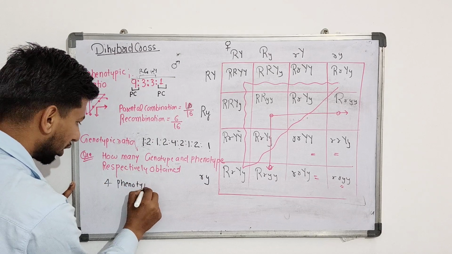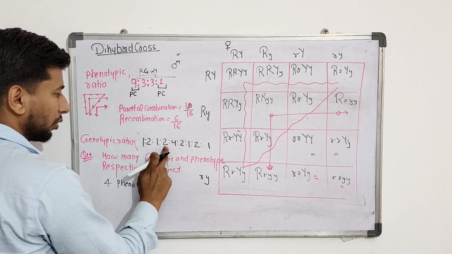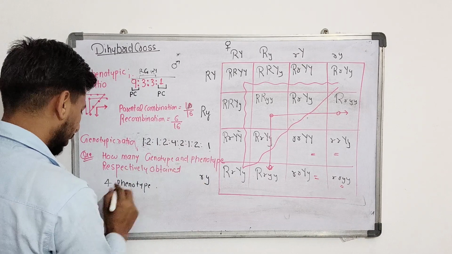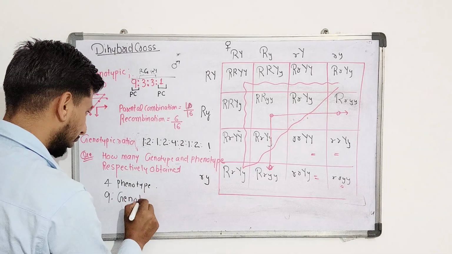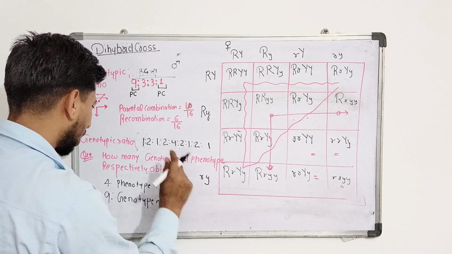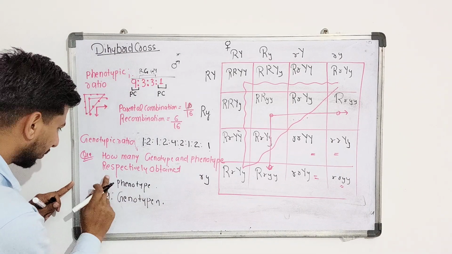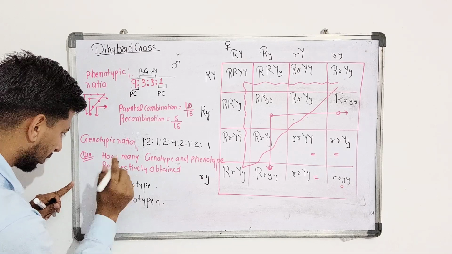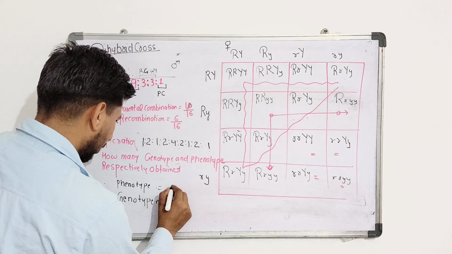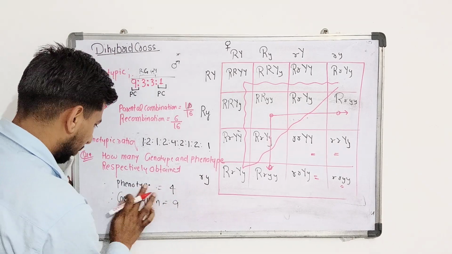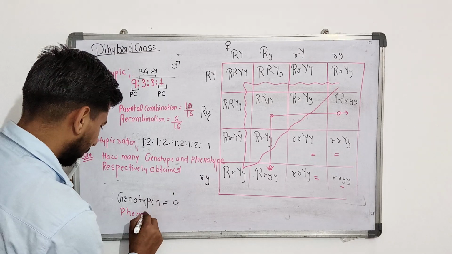And 9 types of genotype: 1, 2, 3, 4, 5, 6, 7, 8, 9. So 9 types of genotype and 4 types of phenotype respectively.